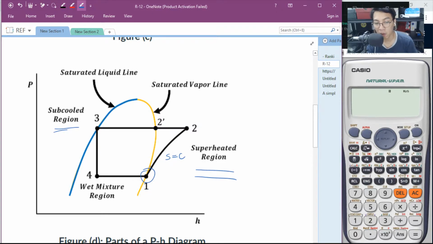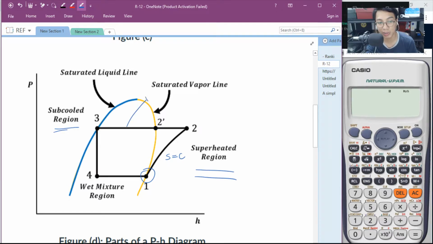And after going through compression, papasok siya ng superheated region. It will become a superheated vapor. And just before going to your condenser, dahan-dahan siyang babalik sa saturated vapor. And then, after getting back to your saturated vapor, further cooling is made.